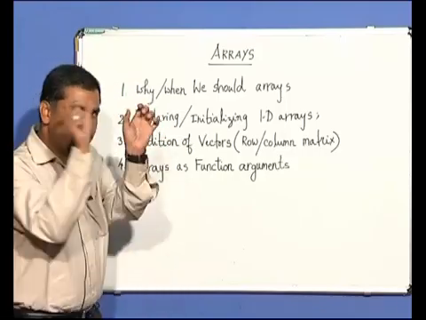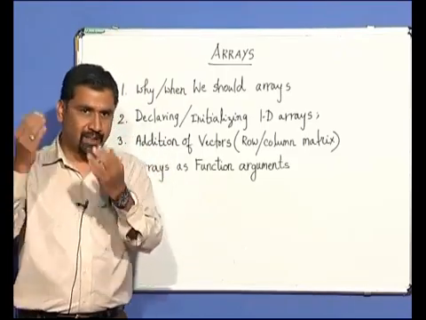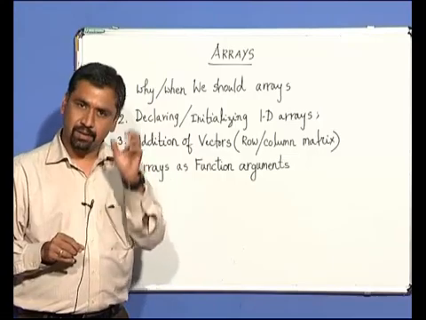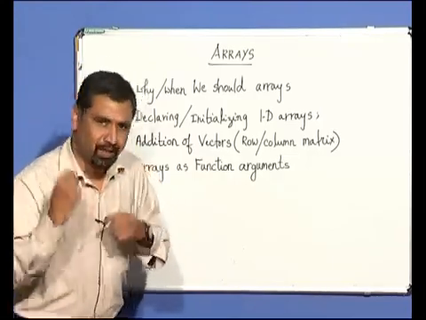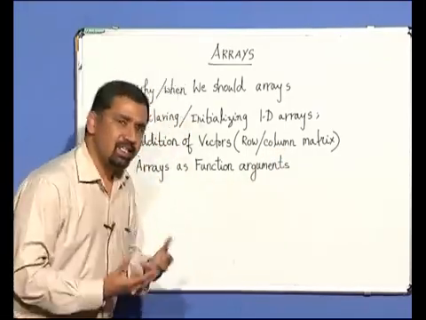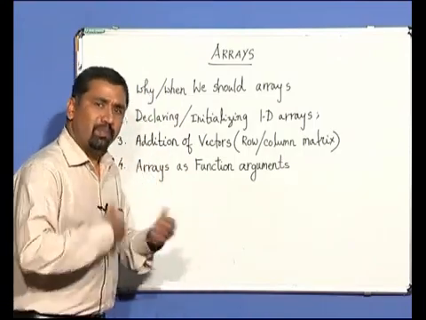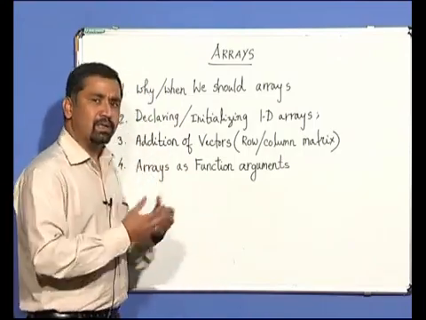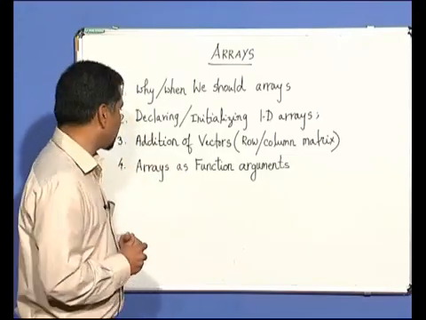So we know how to add two column matrices or two row matrices and get a third row matrix or column matrix, which is a summation of the corresponding elements. That we will take as an example and see in a C program how to declare arrays, how to use them and process them, so that we are able to use arrays in other problems also.